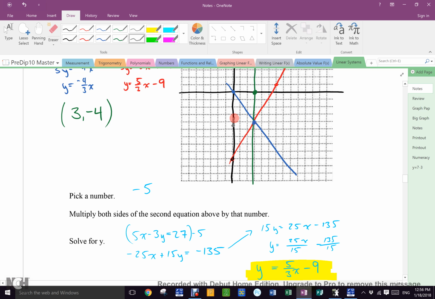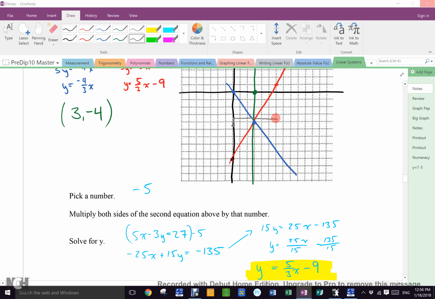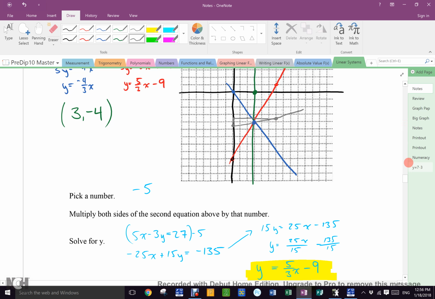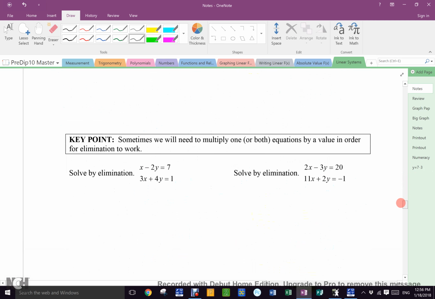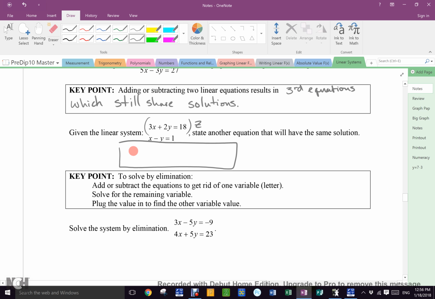Negative 3 and a half. Now I must run 6: 1, 2, 3, 4, 5, 6, correct? Now I must connect those lines. And where does the gray line go when I connect them? Right through the solution. Okay. So, we can have an infinite number of answers there.